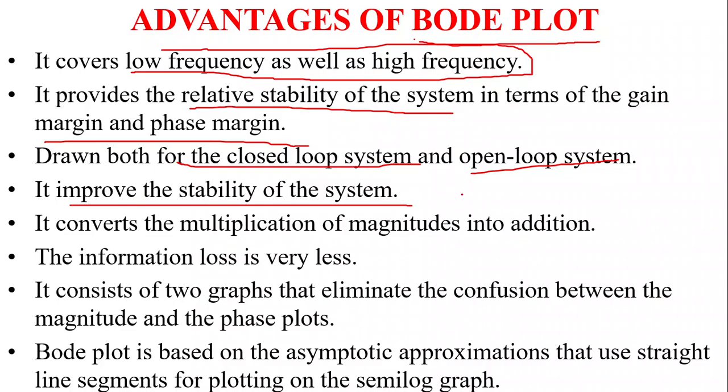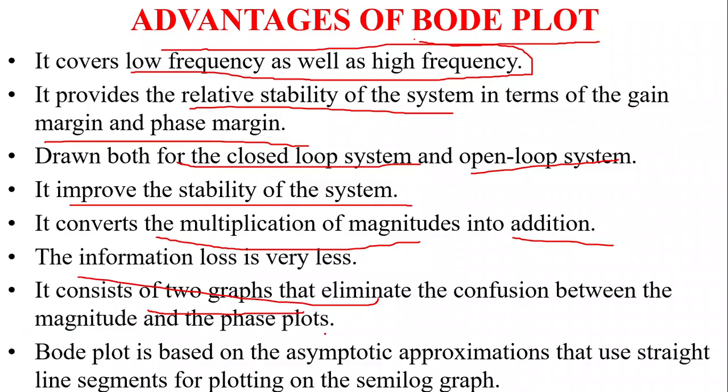In the Bode plot we use the semi-log graph. The semi-log graph converts multiplications and divisions into additions, since we have taken logarithms. So addition and subtraction are easy for manual work. Here the information loss is very low, and the Bode plot consists of two plots, magnitude and phase plot.